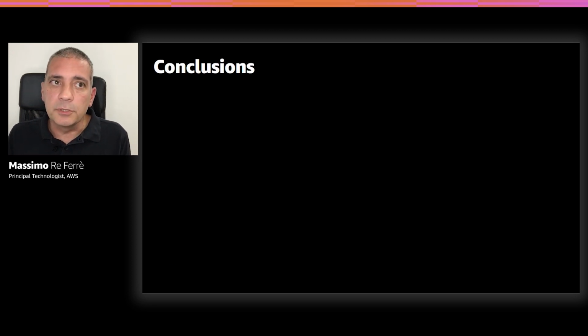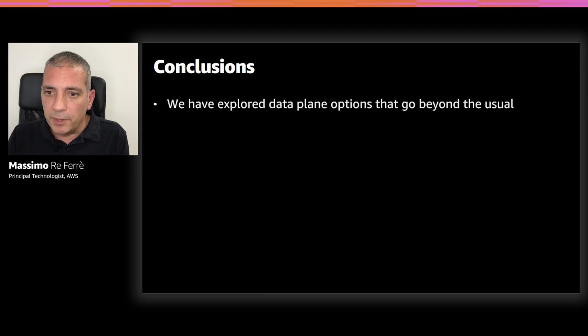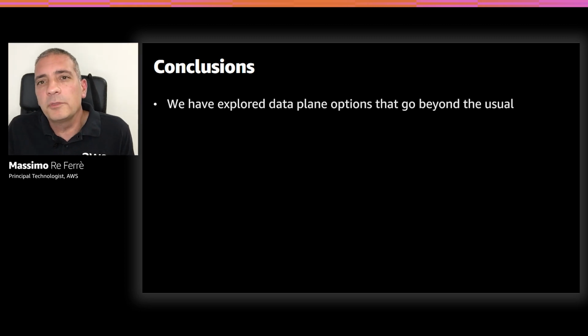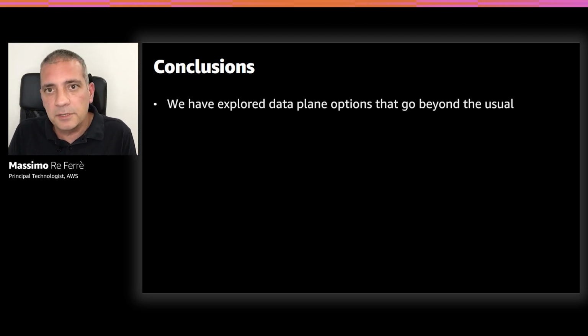So in conclusion, what we have been doing with this presentation is exploring the data plane options that go beyond the usual I need a cluster of x86 Linux instances to run my containers. I hope that you appreciate a little bit of a challenge to go beyond that.